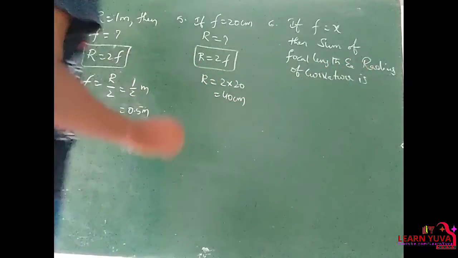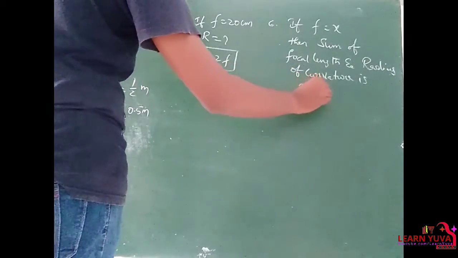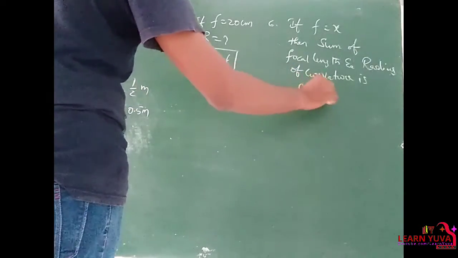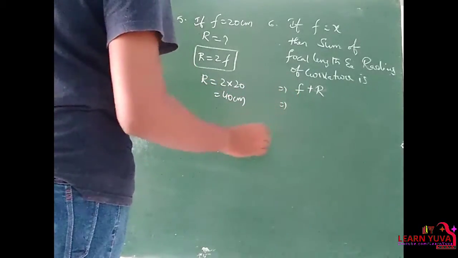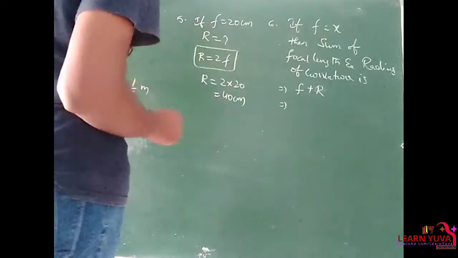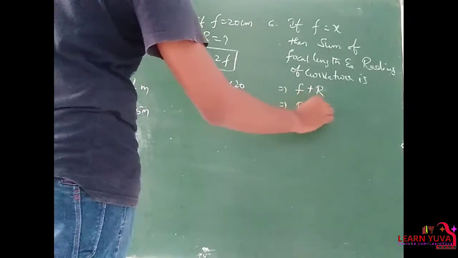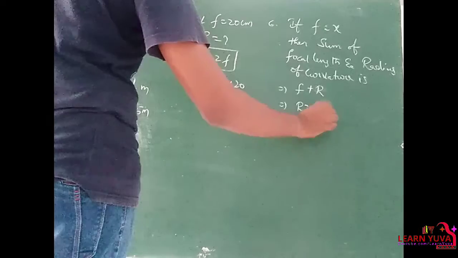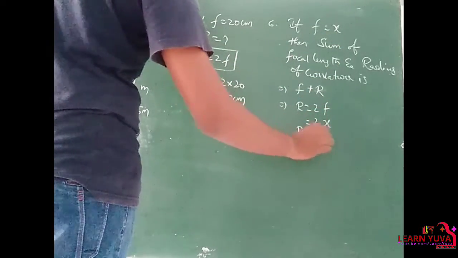So we need f plus r; r we have to find out. The f value is given, f is equal to x, then r is equal to 2f. So 2 into the f value x is 2x. So r is equal to 2x.